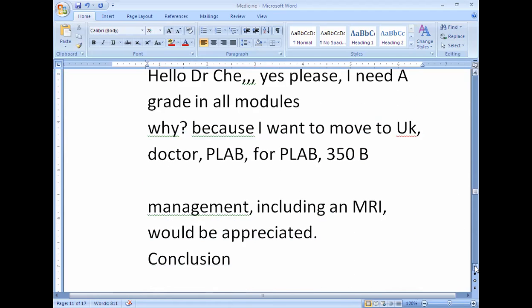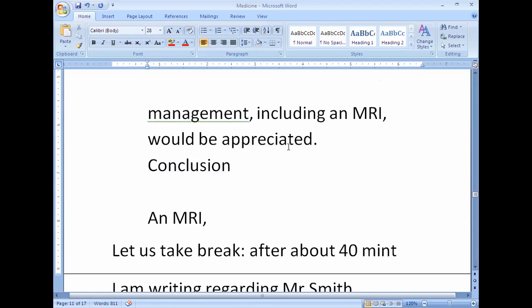Sometimes we need to add something as further assessment and management, including an MRI, bronchoscopy, endoscopy, whatever the procedure is, we can mention. Then we write the conclusion. With MRI, we use "an" MRI.